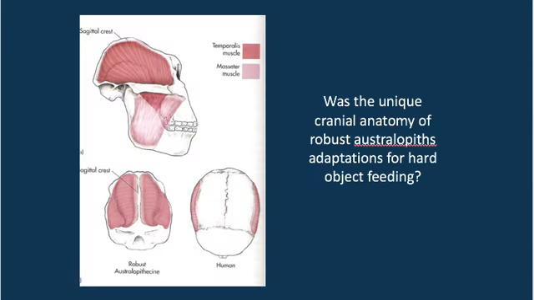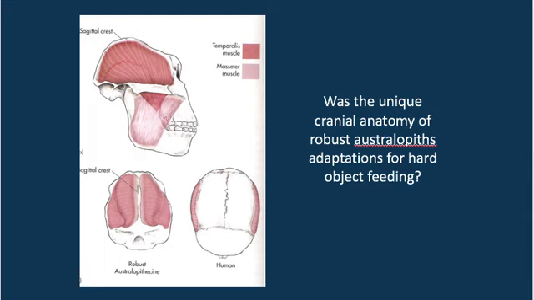Now if we go back to this slide, you can see on this robust australopith that the temporalis muscle stretches all the way up to the top of the skull. On a human, it just inserts on the side of the skull. We have pretty small, puny chewing muscles. In one of these robust australopiths that have such powerful, large chewing muscles, what is required from an anatomical perspective is a large muscle attachment point.